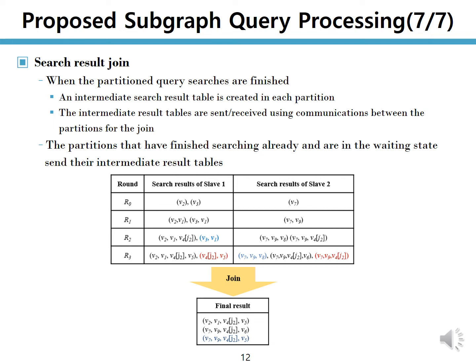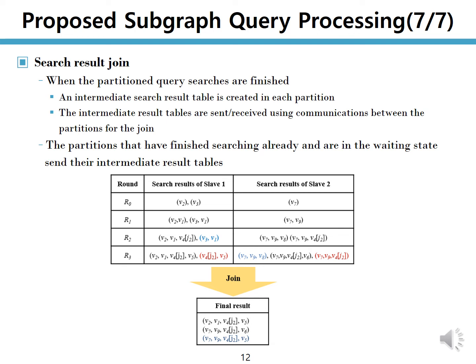This figure is the result of the search result joins. When the partition query searches are finished, an intermediate search result table is created in each partition. And the intermediate result tables are sent and received using communication between the partitions for the join.